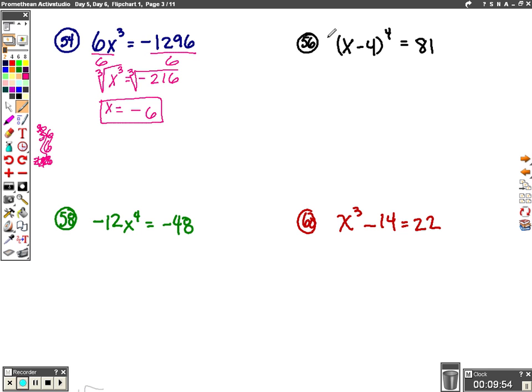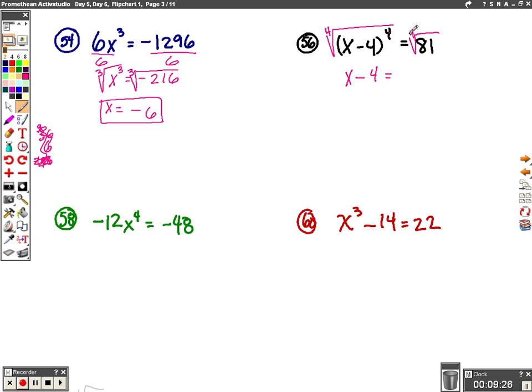So we need to take the 4th root to get rid of that 4th power. I've told students in the past, it's like it's locked in a box, and the key to that box is this 4th power. So to unlock that box, you need the 4th root. Once I've taken the 4th root, what's inside that box drops down.